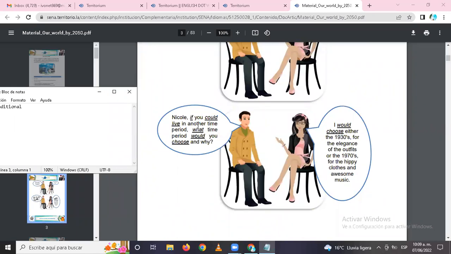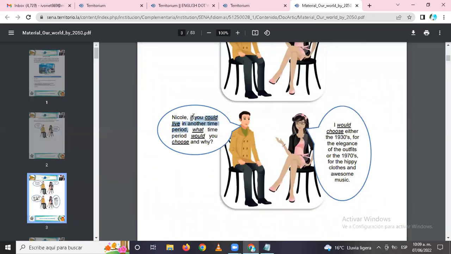If you could live in another time period, si pudieras vivir en otro periodo de tiempo. And the second part, this is the if part, and the if part is used in past simple. Could live. What time period would you choose and why? And the second clause, the main clause, is with would. Would you choose and why?